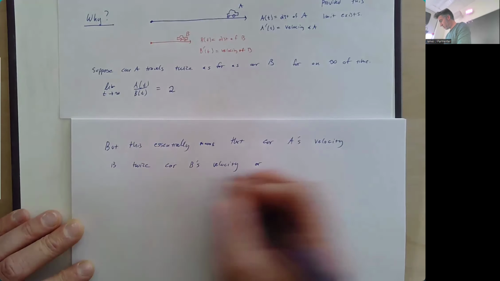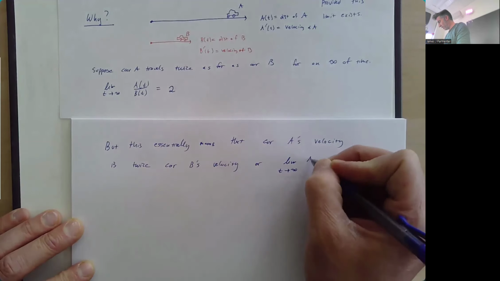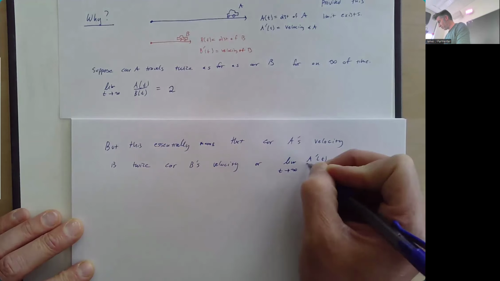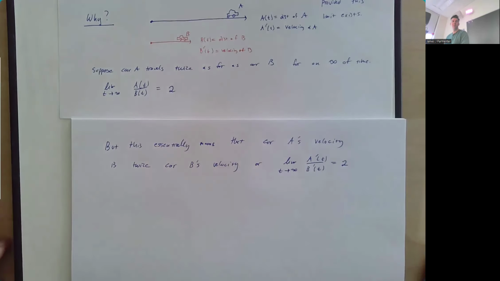Or the limit as t approaches infinity of A prime of t over B prime of t is also 2. I know it's not a perfect analogy, but the idea is that if some limit of quantities that are both infinity, or both 0, have some sort of limiting ratio, then their derivatives also have that limiting ratio.